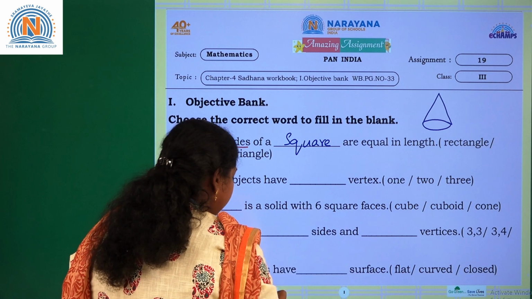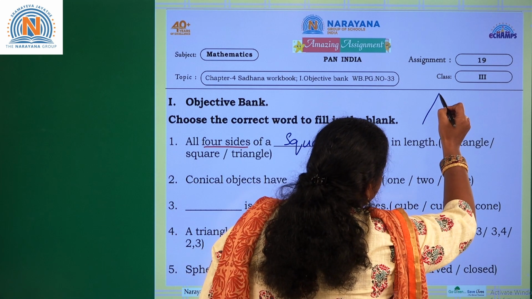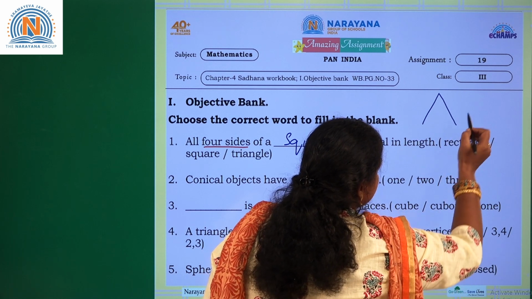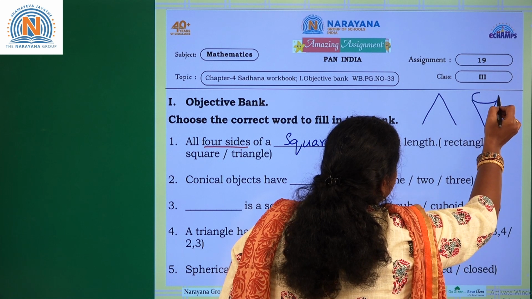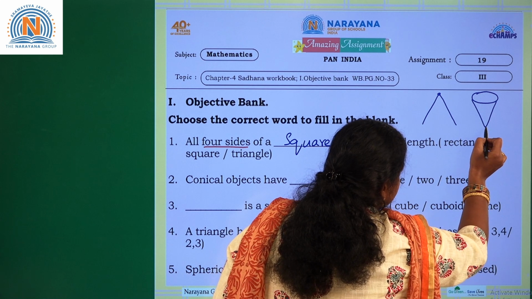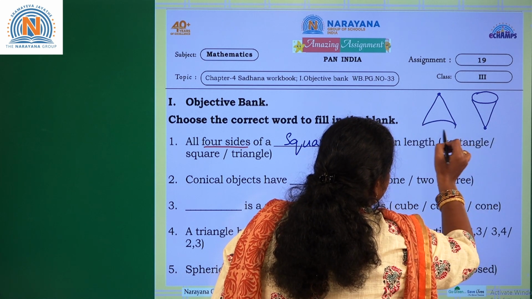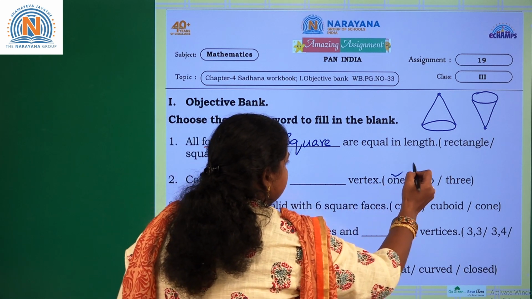How many vertices are there for this, children? You can draw it either like this or like this, but in any way you will get only one vertex. So a cone will have one vertex.